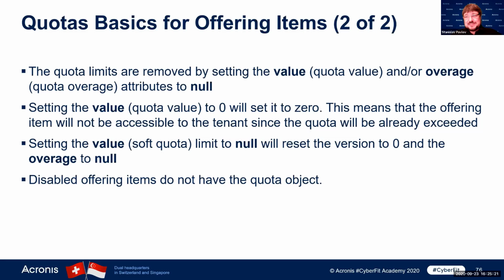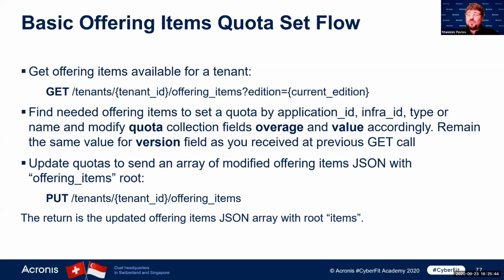Just for demo purposes, I have it separated, moving topic by topic, to give you more understanding of what I'm doing. But in reality, you can put all this together, enabling, disabling, filtering, and quota setting in one call during initial offering items provisioning or services provisioning. So how to work with the offering items set quota flow?